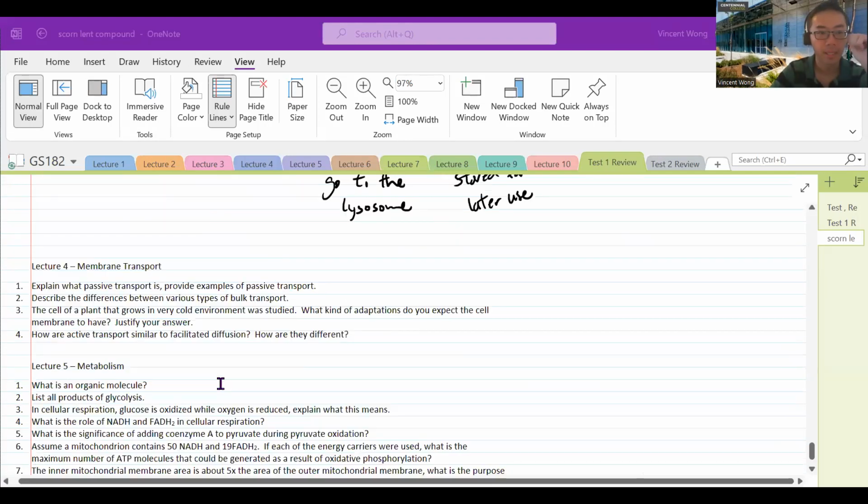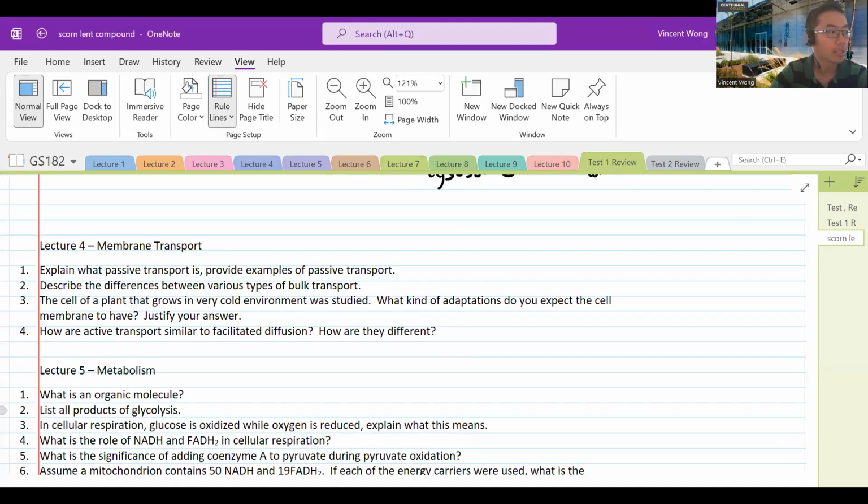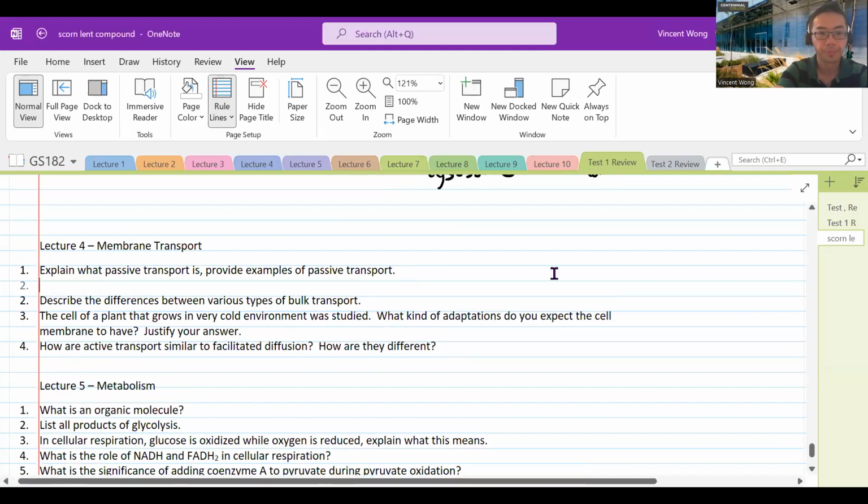Let's keep going. Lecture 4, explain what passive transport is. Provide an example of passive transport.